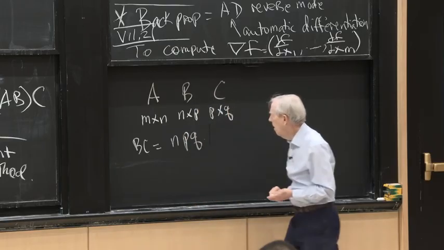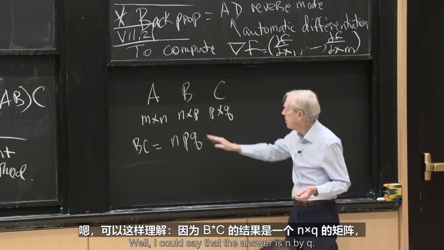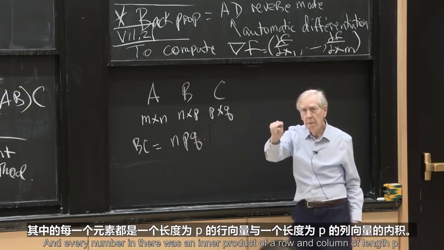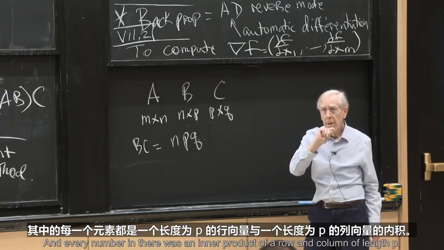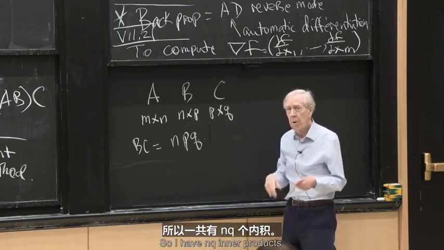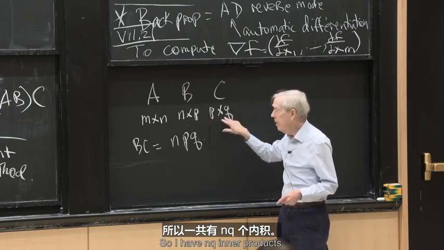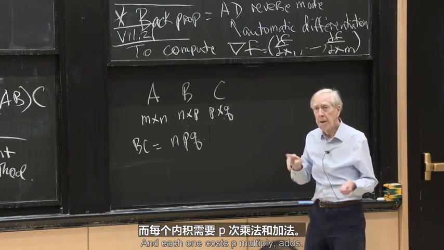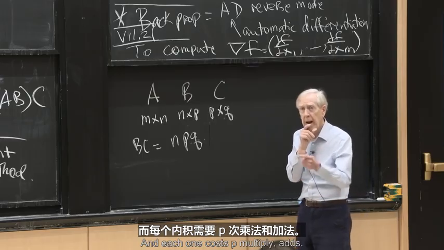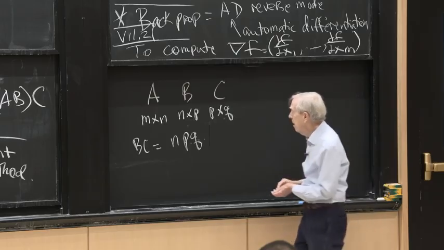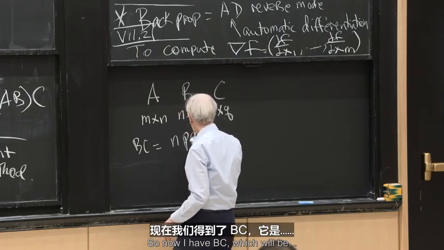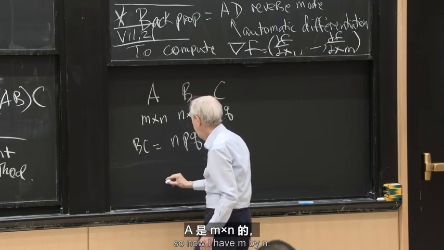Why is that? The answer is n by q, and every number in there was an inner product of a row and column of length p. So I have nq inner products, and each one costs p multiply-adds. Now I have BC, which is n by q, and A is m by n.